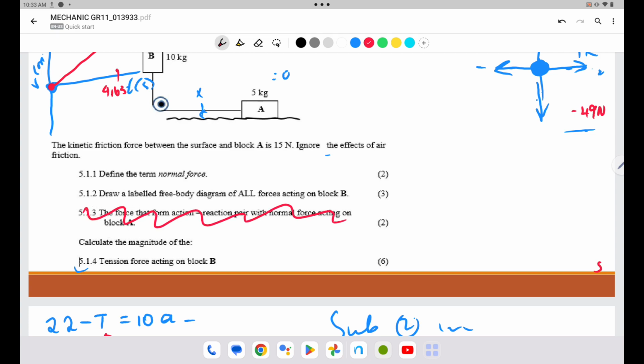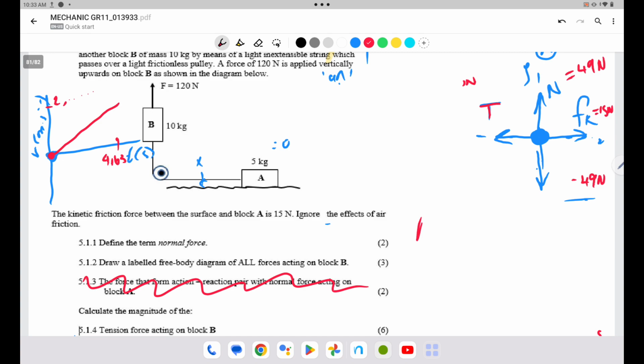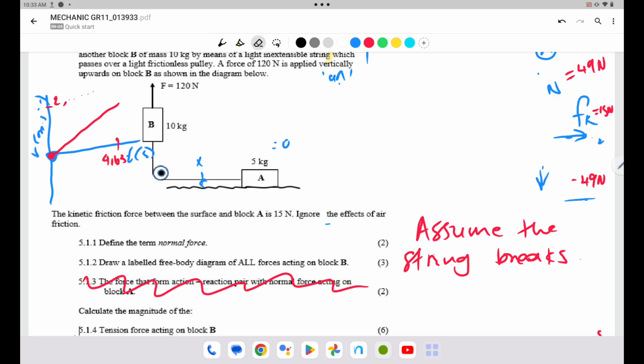I'm going to come back to it someday. Question might be, what will happen to the kinetic frictional force acting on block A? If the string breaks, it just means I have removed a huge chunk. It means that the tension will be 0. And then this is the free body diagram that we are going to have.